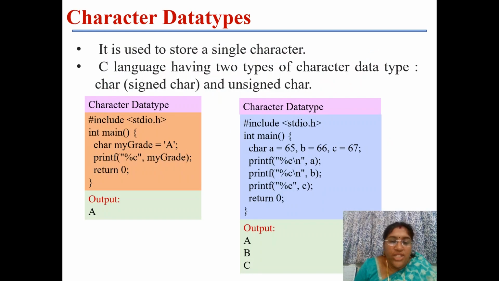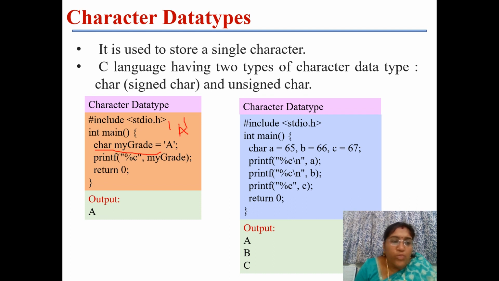The next data type is the character data type. In C, the character data type can store an ASCII value, the numerical representation of a character. For example, ASCII value 65 corresponds to A, 66 corresponds to B, 67 corresponds to C. Here, see the example. The character variable is assigned 'A' in single quotes, which represents the character.